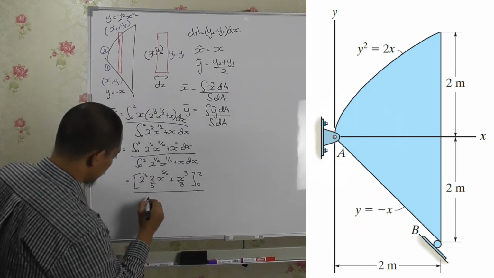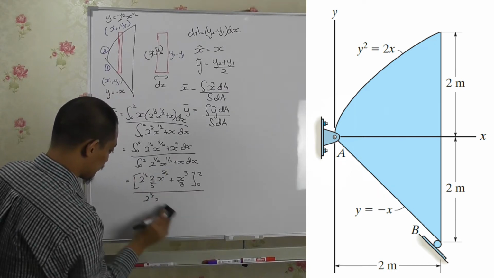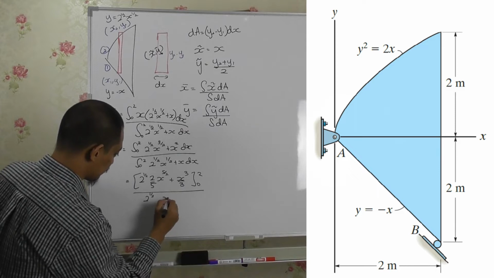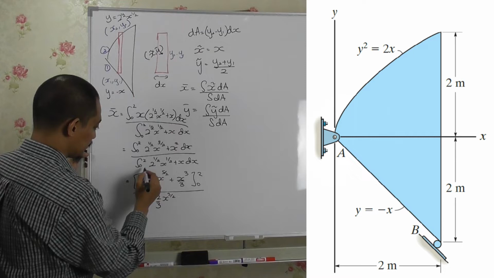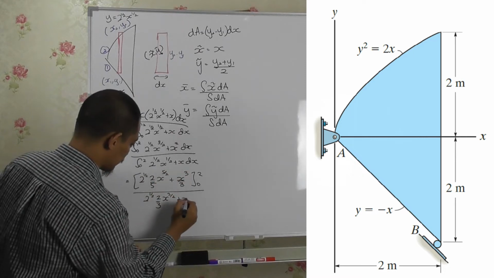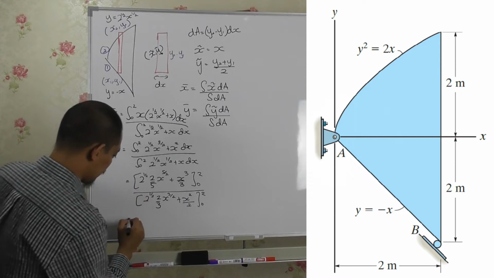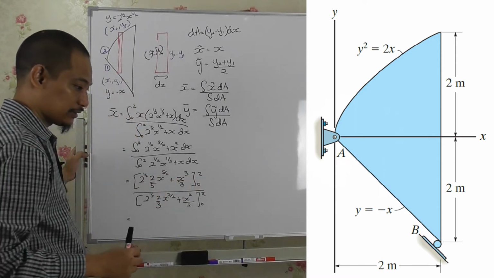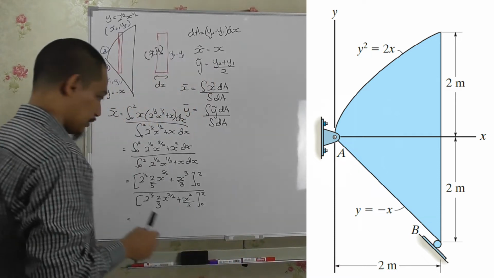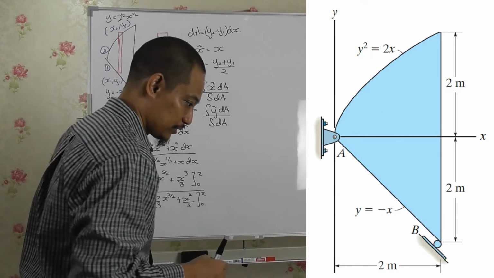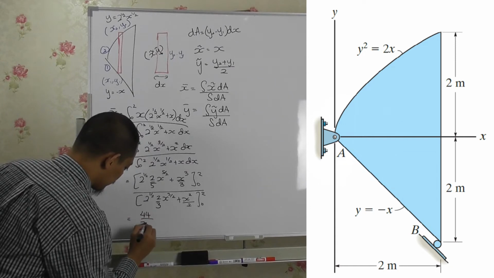And here 2 power of half, x power of 3 over 2, so we have 2 over 3 here, plus x square over 2 from 0 to 2. So you plug in the numbers here. If I cut it short, you will get 44 over 35.